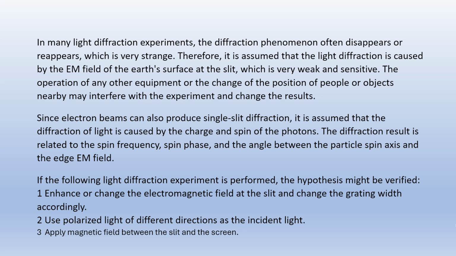Since electron beams can also produce single-slit diffraction, it is assumed that the diffraction of light is caused by the charge and spin of the photons. The diffraction result is related to the spin frequency, spin phase, and the angle between the particle spin axis and the edge M field. If the following light diffraction experiments are performed, the hypothesis might be verified.